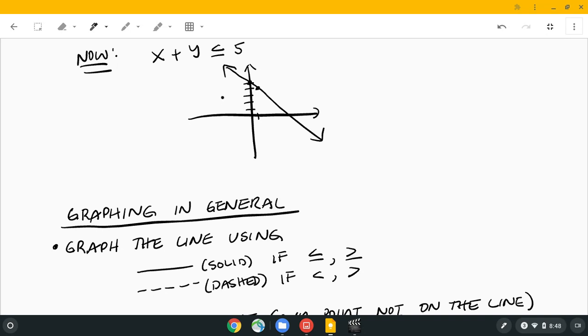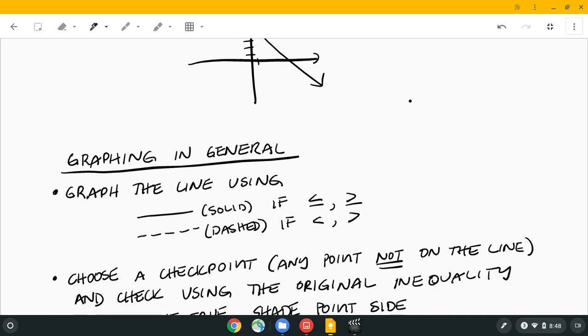Clearly, this point is below the line, right? It's on this side of the line. So if you pick this point and you plug it in and it works, you get a number that's less than or equal to 5, then you would shade this side that the point comes from. If you get a number that's more than 5, then you would have to shade the other side. Where's the other side? Over here.